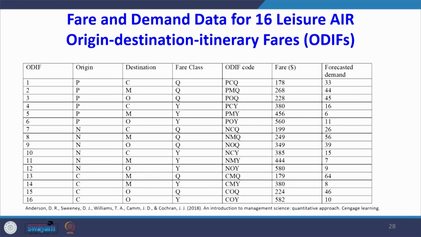This represents PCQ, PMQ, POQ, and like this there will be 16 decision variables. The fare is given and the forecasted demand is also given. So, what we have to suggest is how many seats have to be allocated on each leg so that our profit is maximized.